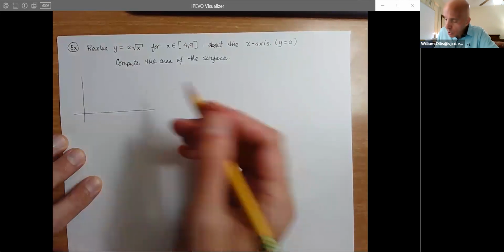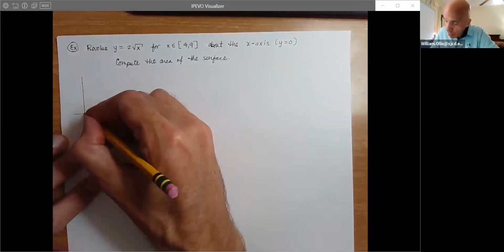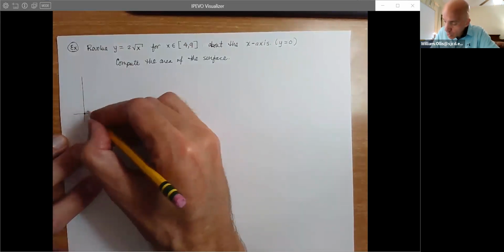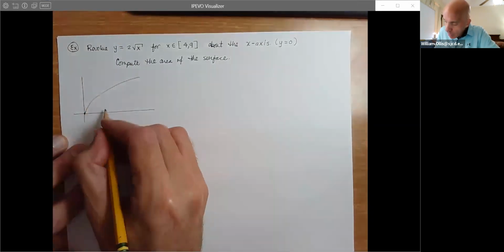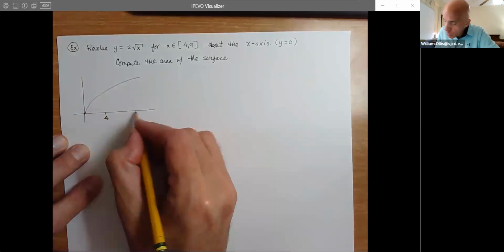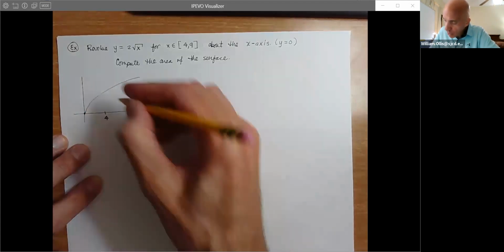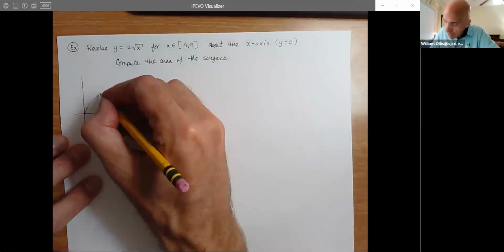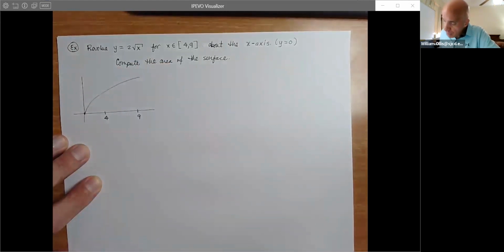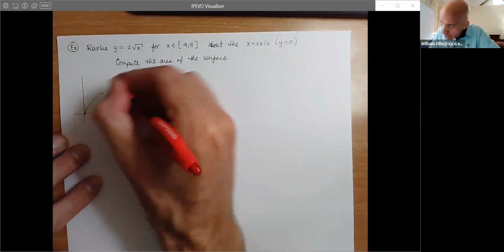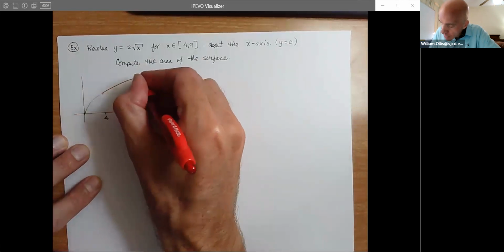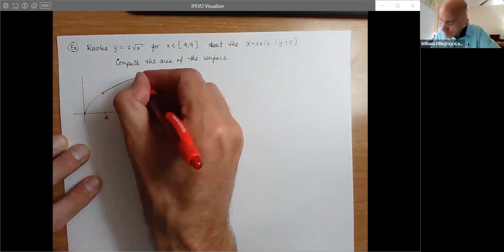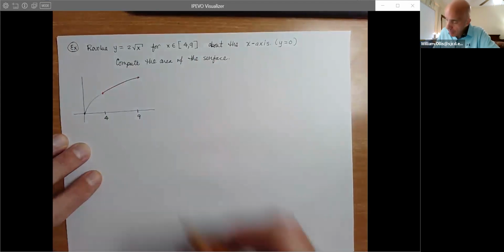We're going to go from 4 to 9, and we've got the plain old square root function times 2. So just draw a square root function like this, and we have 4 to 9. We don't have to have any scale here that's important. So we think about the curve from here to here, this piece. That's the curve that we're revolving about this axis.